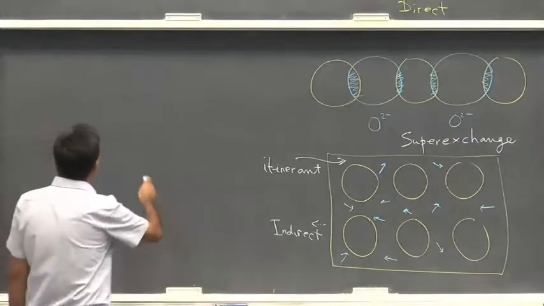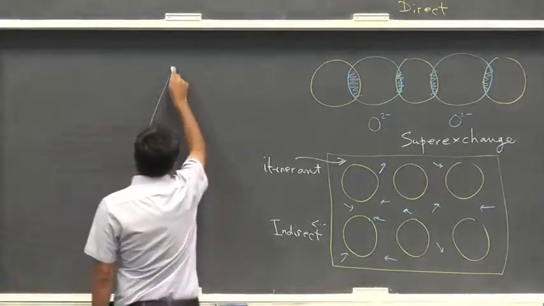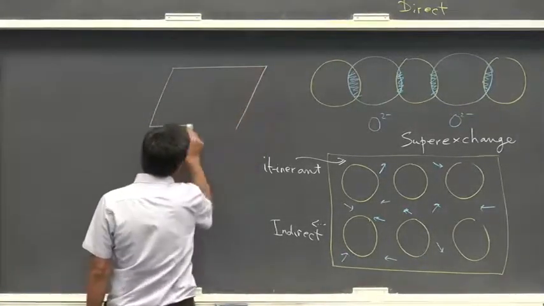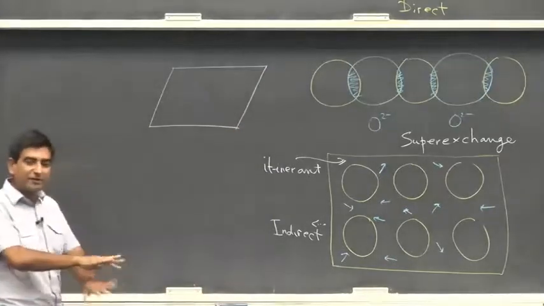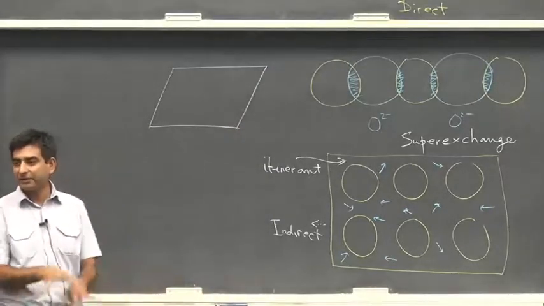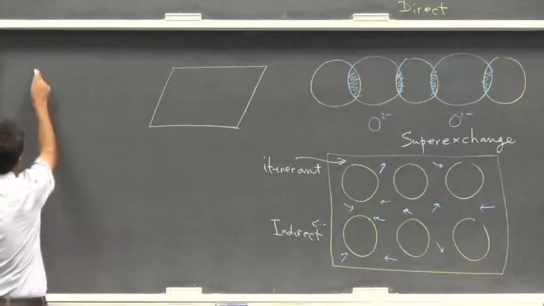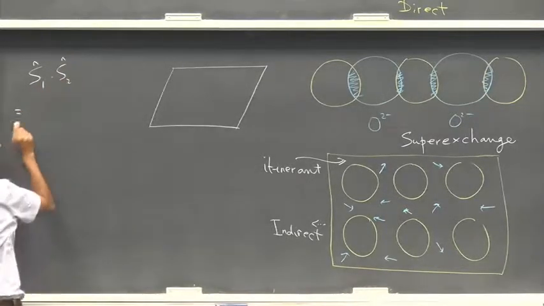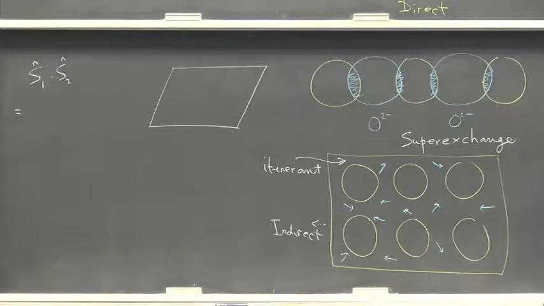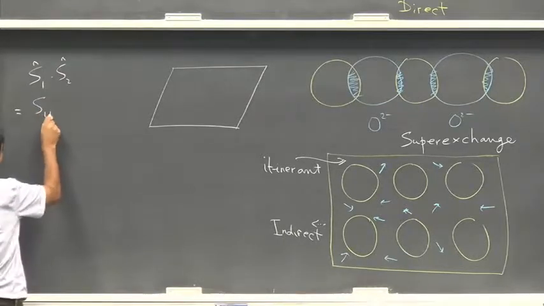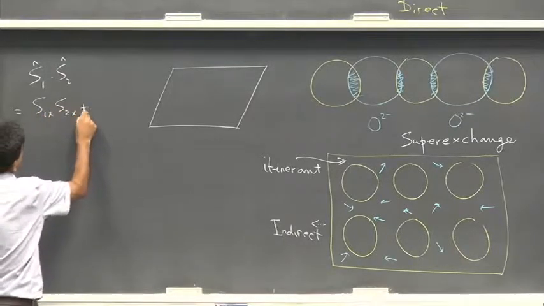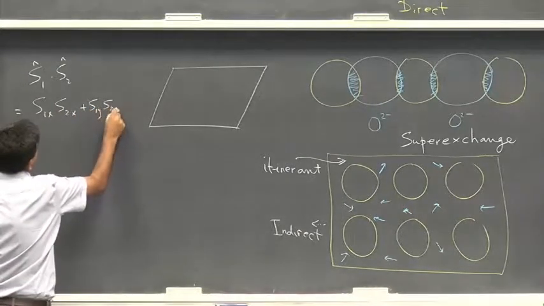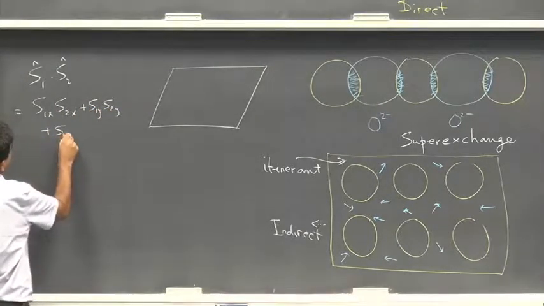You could also have spins in which the magnetic moments are confined to lie in a plane, in the xy plane. Remember that S1 dotted with S2 is a dot product between two vector operators. So it really means S1x S2x plus S1y S2y plus S1z S2z.